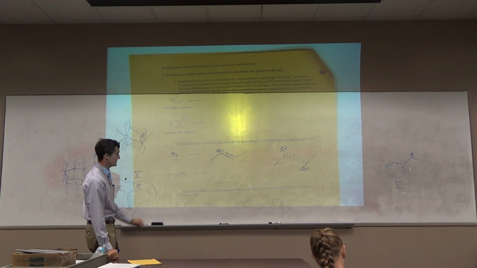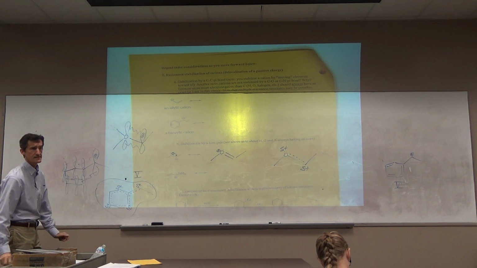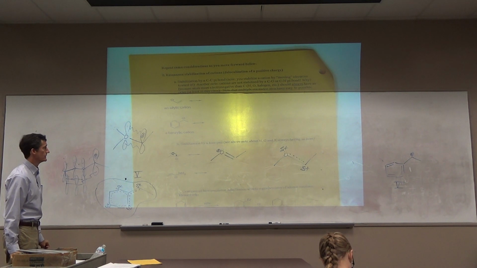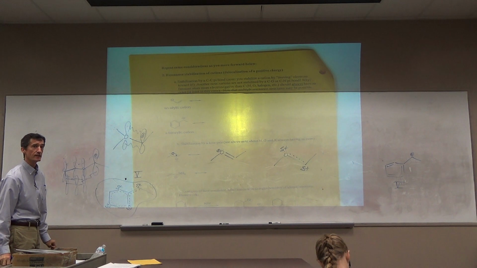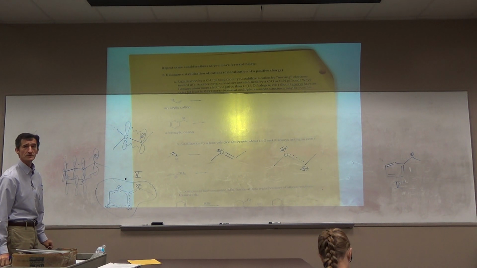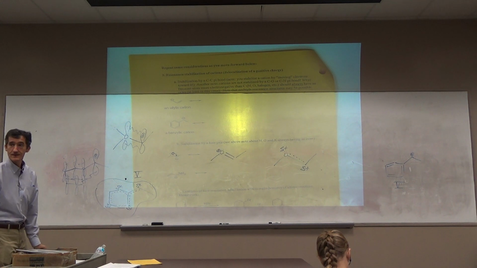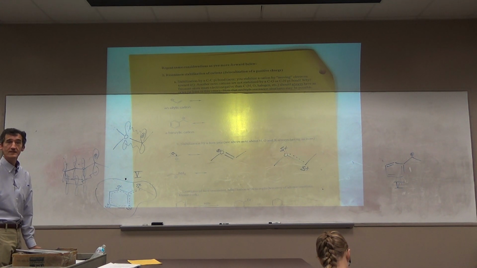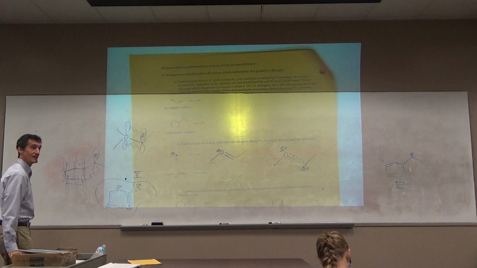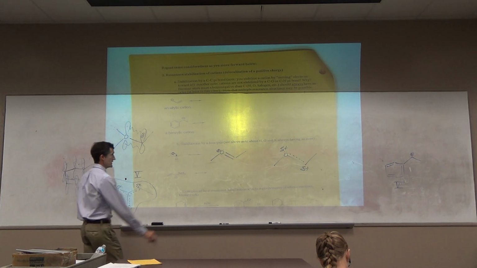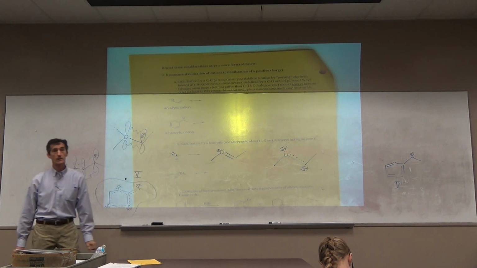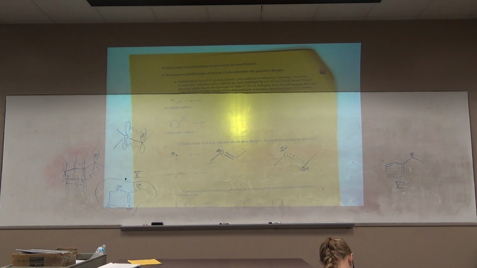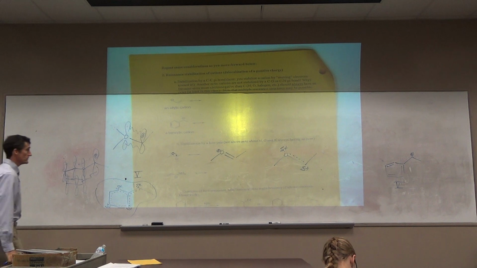Which resonance structure is major? That is the best? Which one do you like the best? Somebody said it. Somebody didn't say the one on the right? One on the right. Why is that the best one? More bonds?